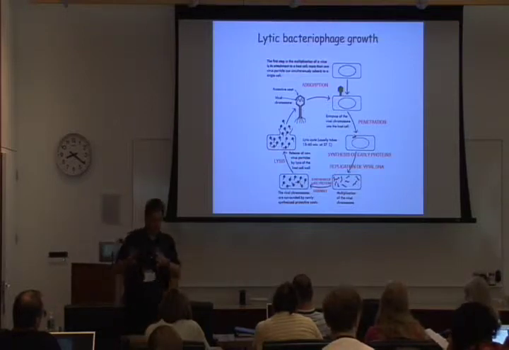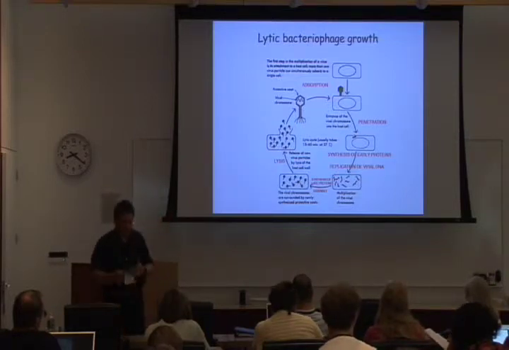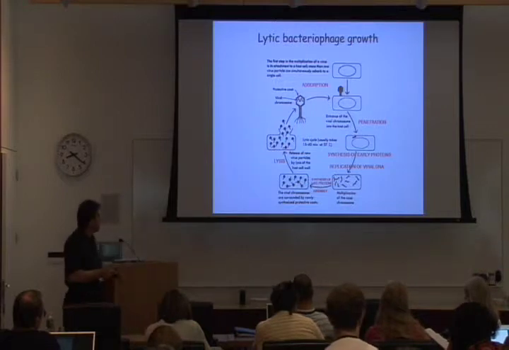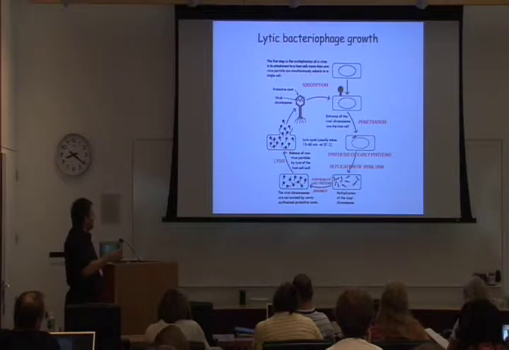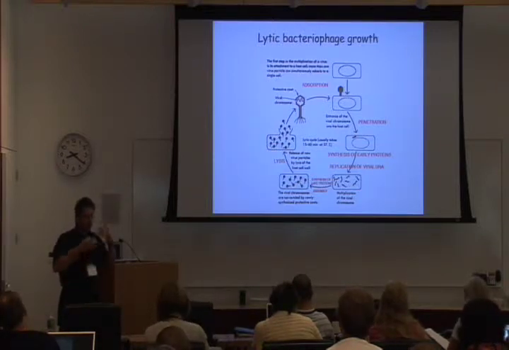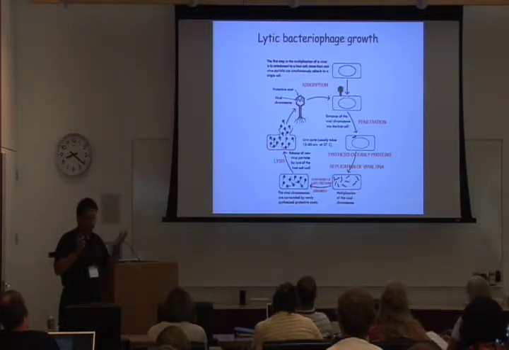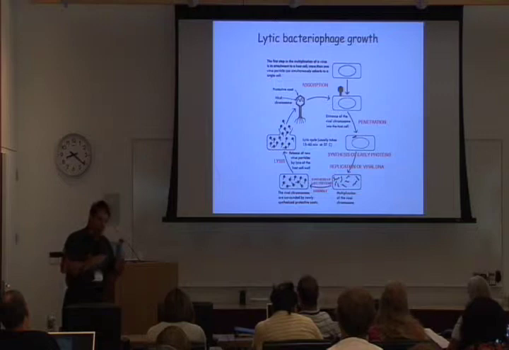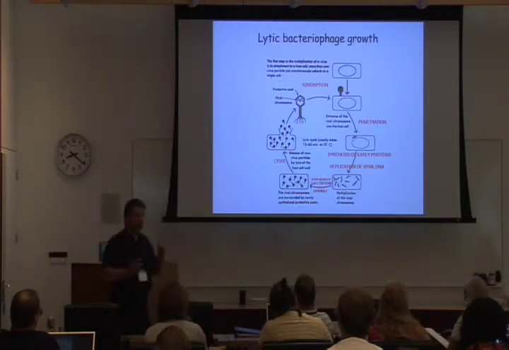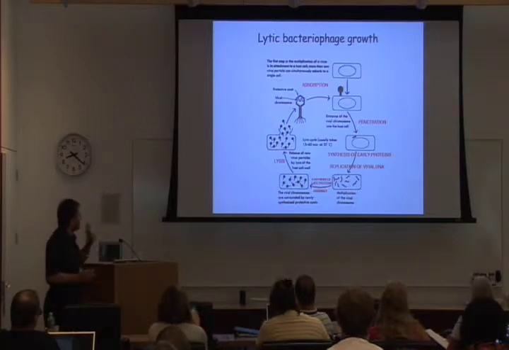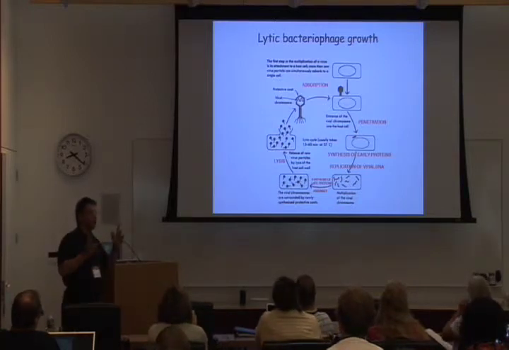In a typical cycle of lytic bacterial growth, what happens is that the virus uses the molecular machinery inside the cell to reprogram the cell so that it makes lots more virus, and ultimately results in the death of the cell and the release of the new viral particles.